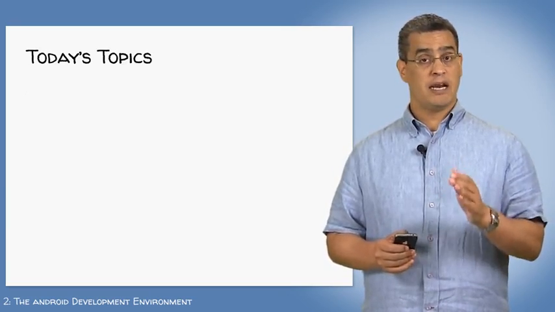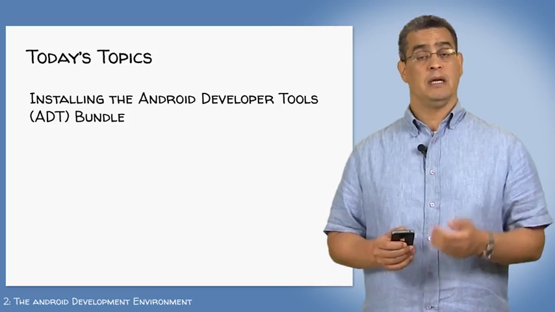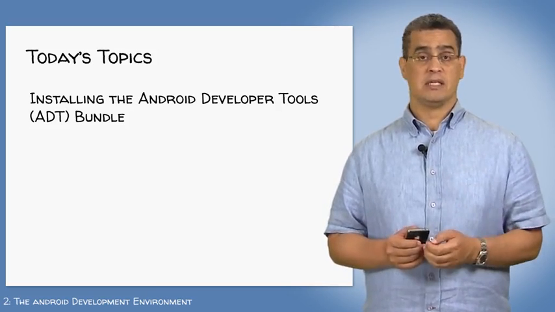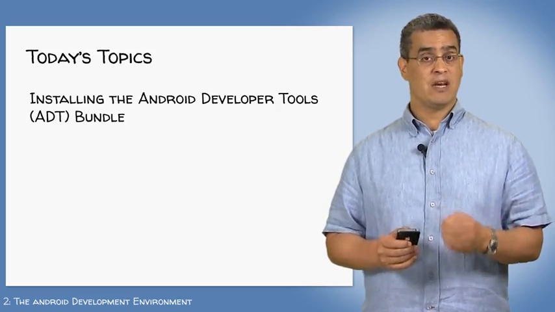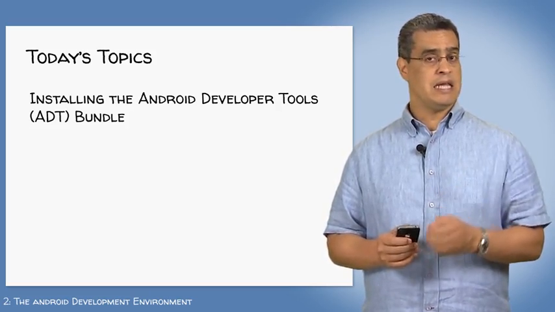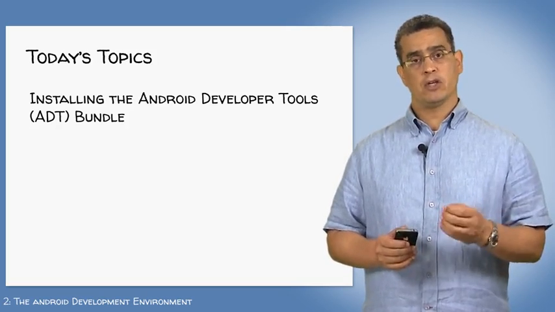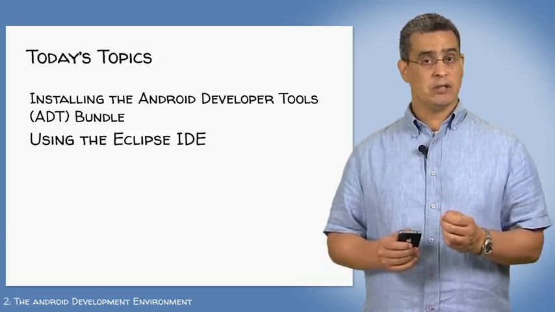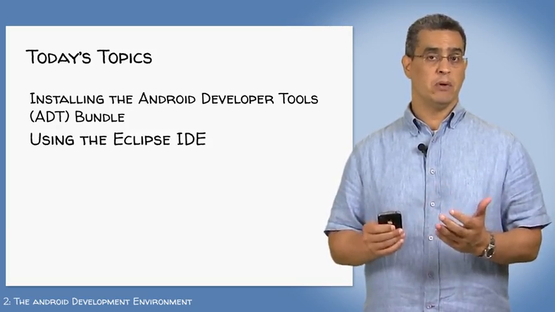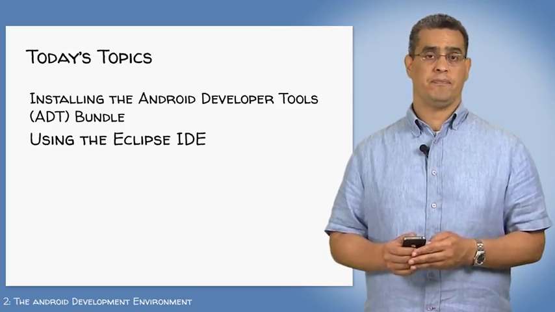Now, in this lesson, we'll cover several topics. First, I'll explain how you can set up your development environment, including installing the Android SDK, the Eclipse Integrated Development Environment, or IDE, and the Android developer tools. Then I'll show you the Eclipse IDE in action, and we'll create a very simple Android application.